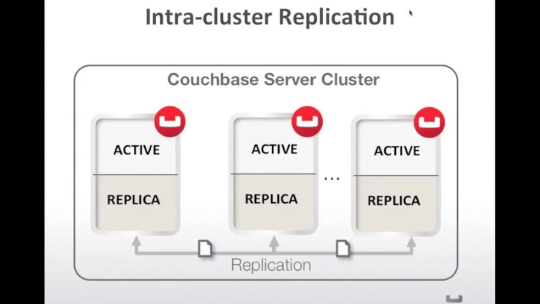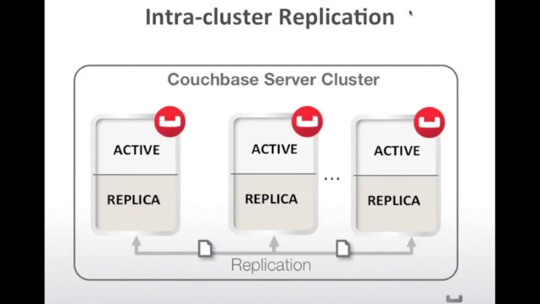So I was just talking about this intra-cluster replication. You have active data on every node within your cluster, and this is a single cluster. But you also have replicas on each of those nodes. What it means is that if, for example, node 1 goes down, you have a replica of the data in node 1 in node 2 as well as on node 3.